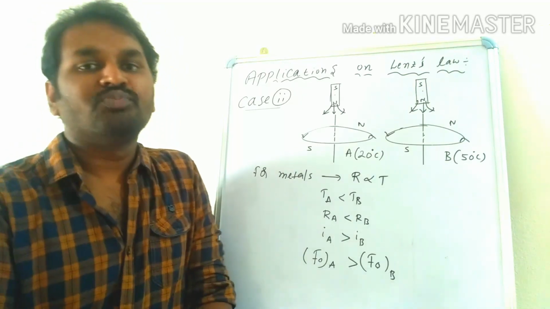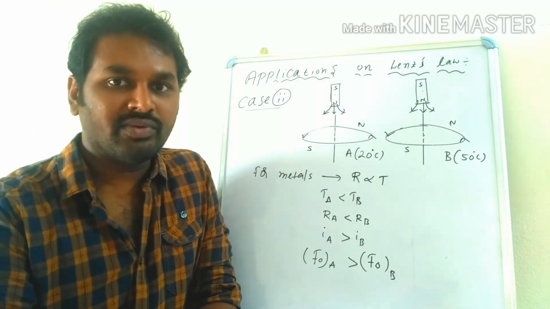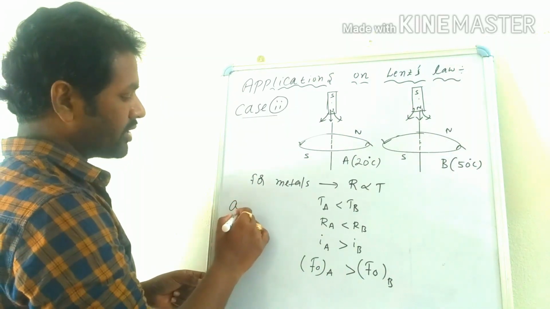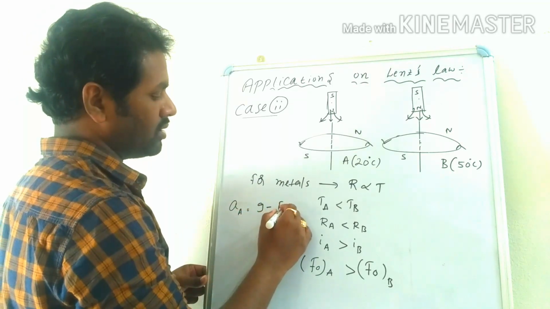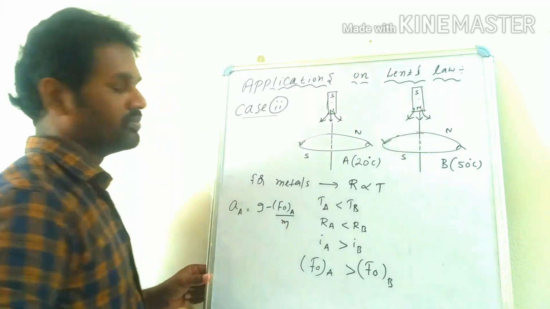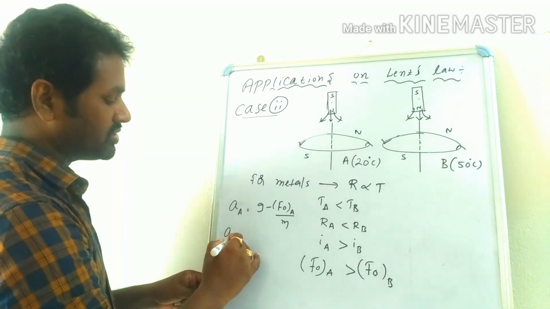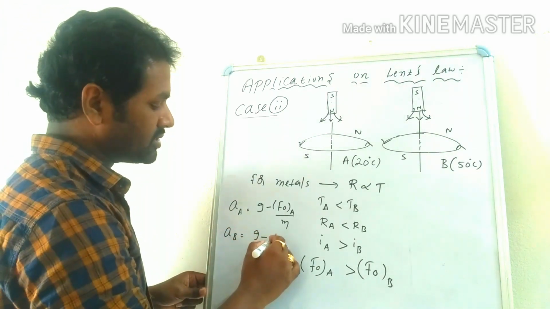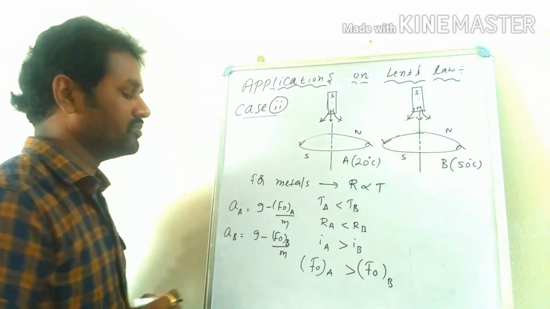As the opposition is more, what can you say about the acceleration of the magnet, which was given in the earlier case? Acceleration of A is equal to g minus F naught of A divided by m. And acceleration of B is a_B equal to g minus F naught of B divided by m.